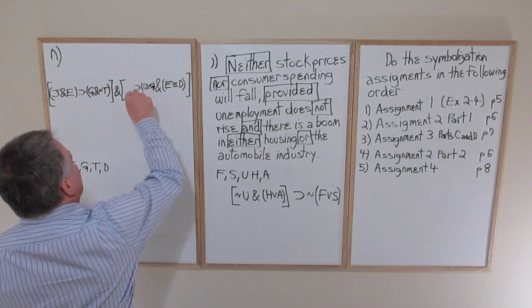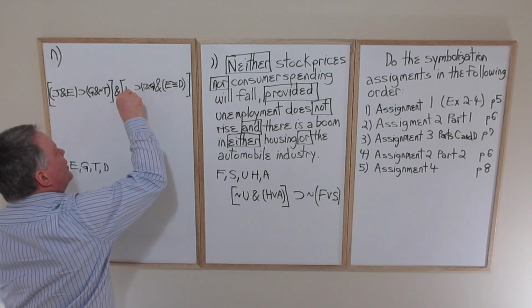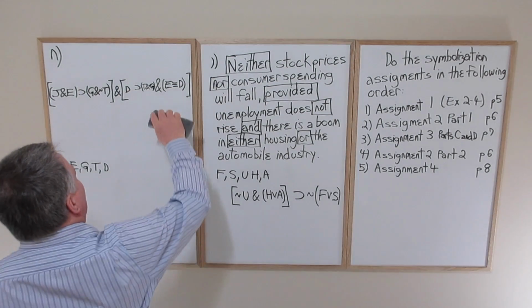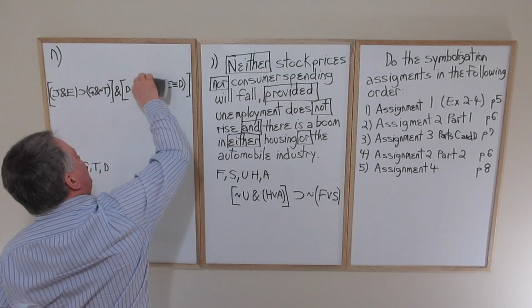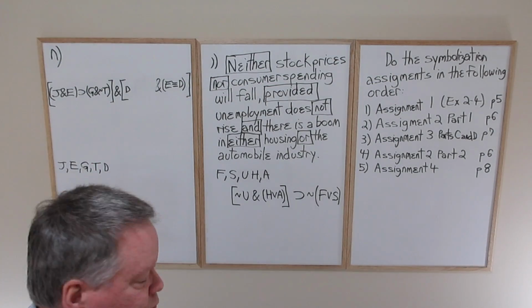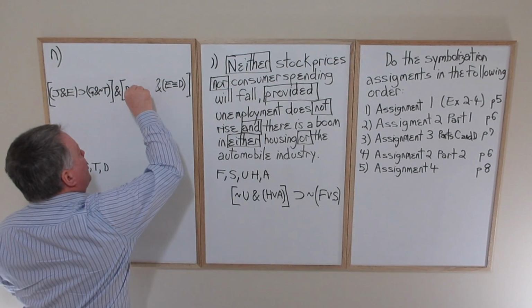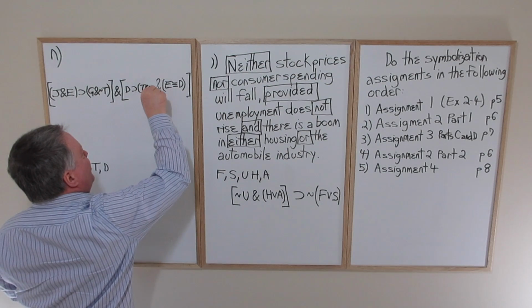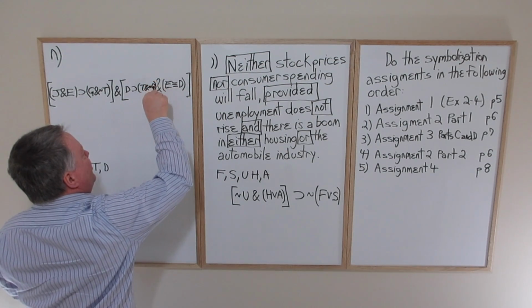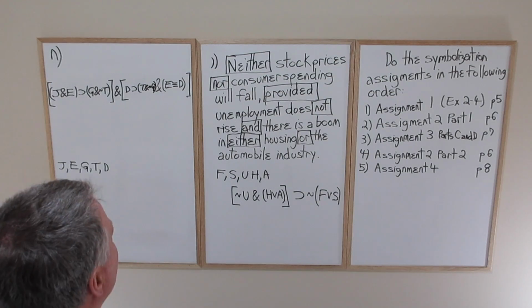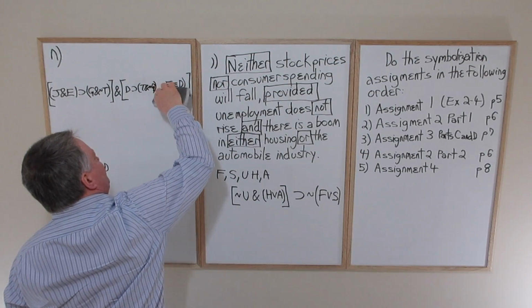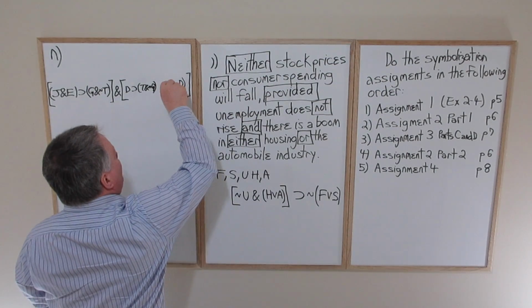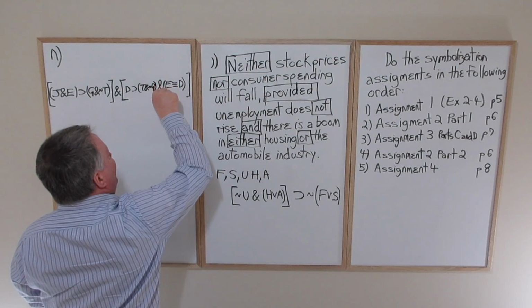So D, and here maybe I'll redo this since I've got a little more room. D, horseshoe, and then in brackets, T and tilde G. Put our ampersand again.